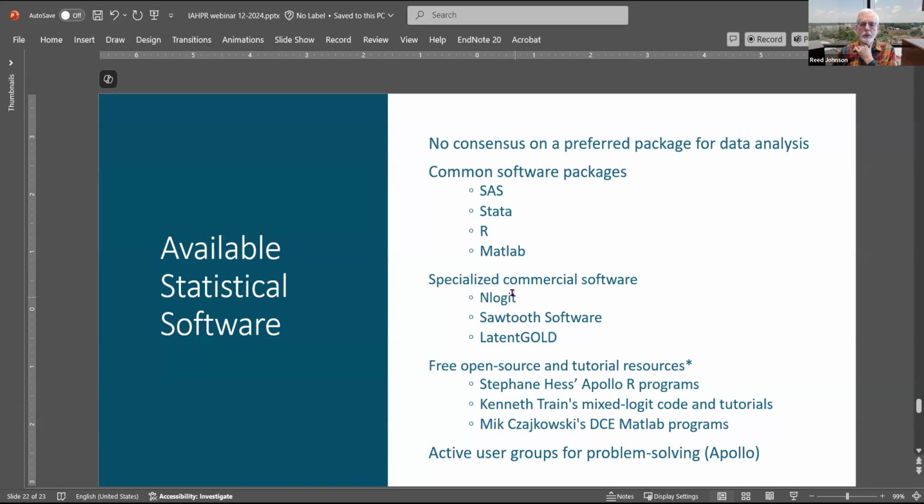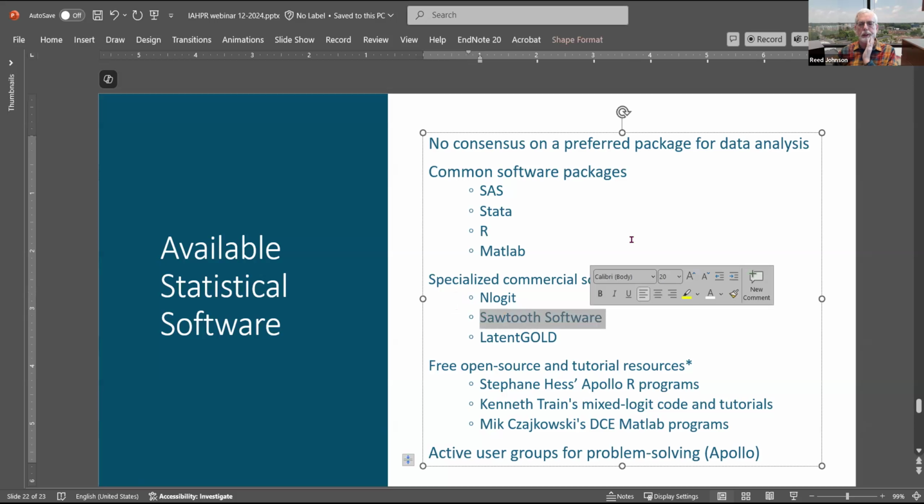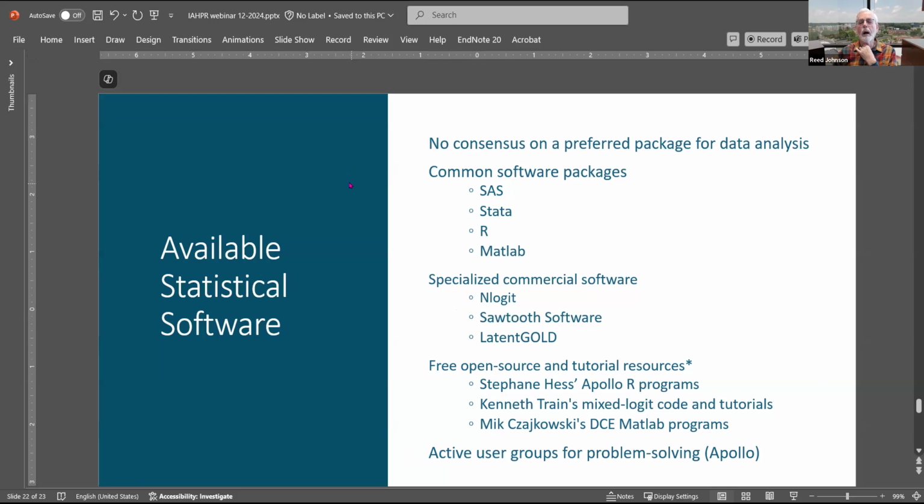There is some commercial software, and Logit for a couple of decades was the kind of go-to program for estimating choice models. There are still people who like it very much. Sawtooth software is a DCE in a box.